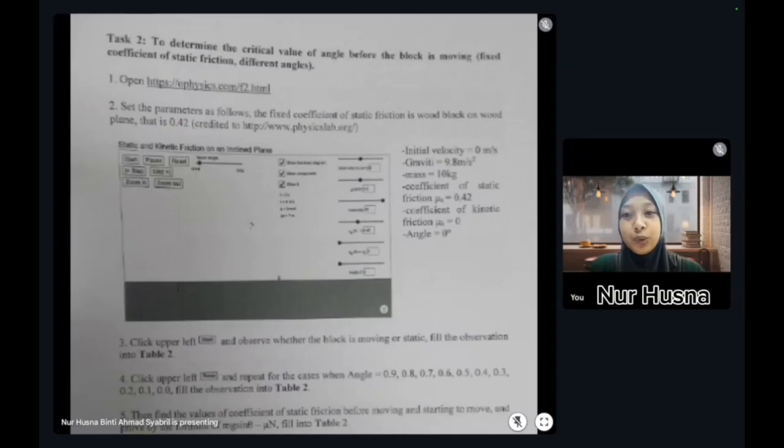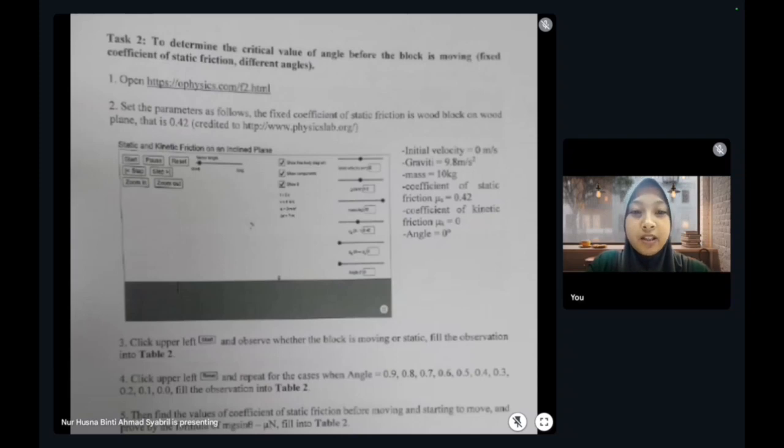Okay, task 2. To determine the critical value of angle before the block is moving, fixed condition of static friction, different angle. Firstly, open the link that is given, then set the parameters as follows. The fixed coefficient of static friction is wood block on wood plate.